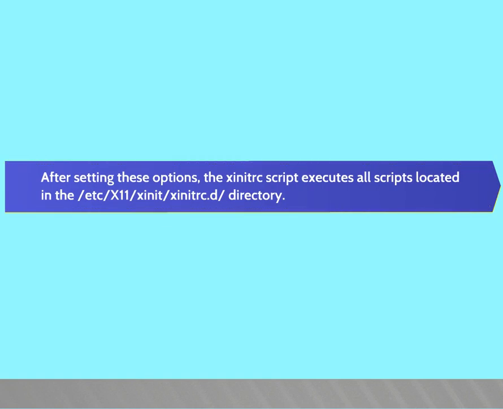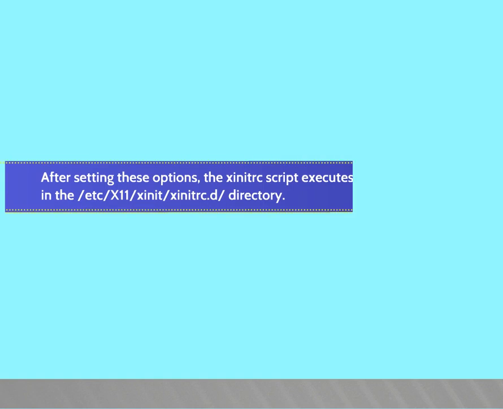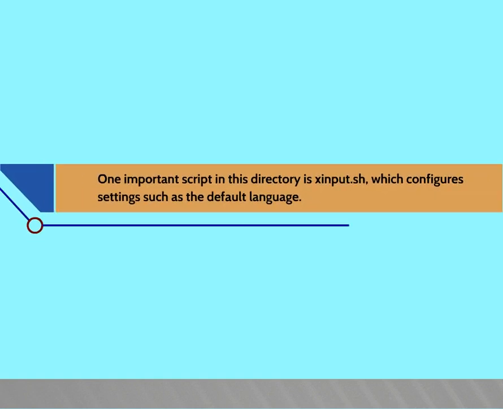After setting these options, the xinitrc script executes all scripts located in the /etc/X11/xinit/xinitrc.d/ directory. One important script in this directory is xinput.sh, which configures settings such as the default language.